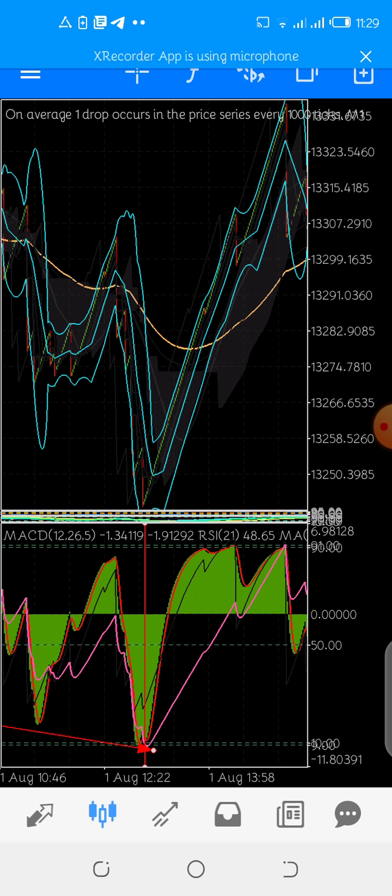That is the key point. Last zoom level. And especially when it is touching level 90, I was talking about this black line, the RSI, RSI 21.